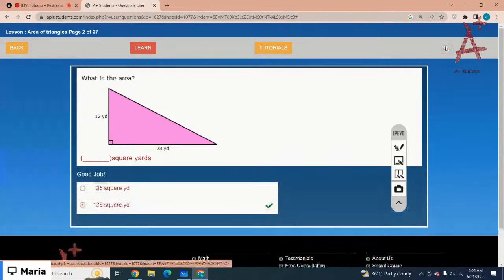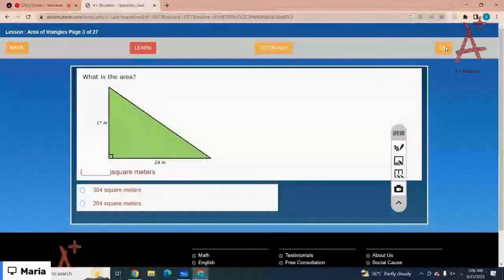Okay, now you have to calculate the area and just write down the correct option in the chat box. So which is the correct option? What is the area? The base you are given is 24, the height you are given is 17. Use the formula half times base times height.